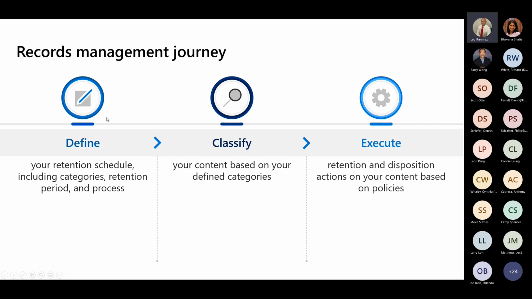First is defining your retention schedule and categories, and you're going to see options in the demo. Next, classifying content based on those defined categories. And finally, executing retention and disposition actions using policies. So let's get started.